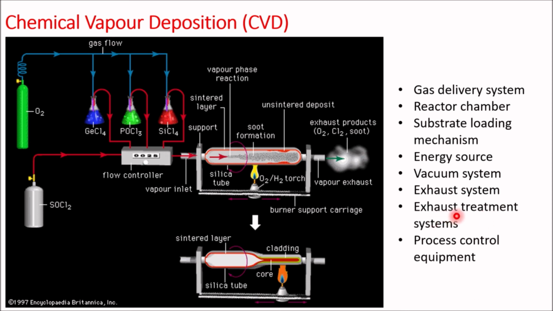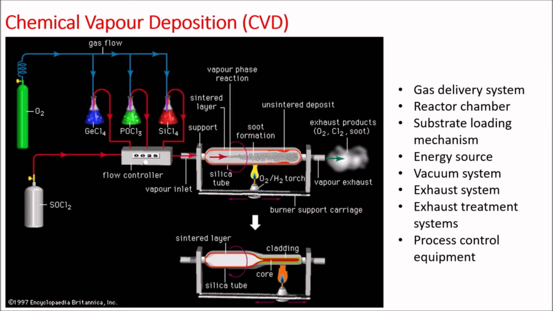In some instances, the exhaust gases may not be suitable for release into the atmosphere and may require treatment or conversion to safe, harmless components. So, in such cases, we use an exhaust treatment system. And then the process control equipment like gauges, controls, etc., to monitor the process parameters such as pressure, temperature, and time.